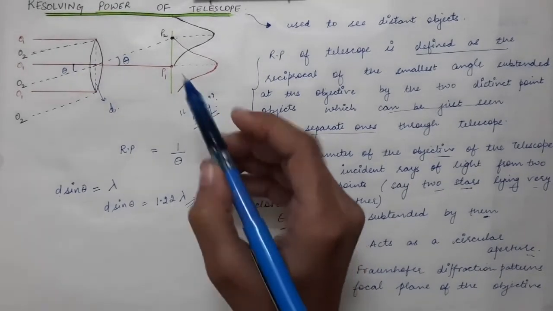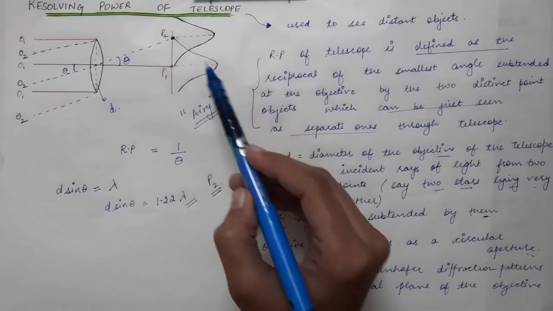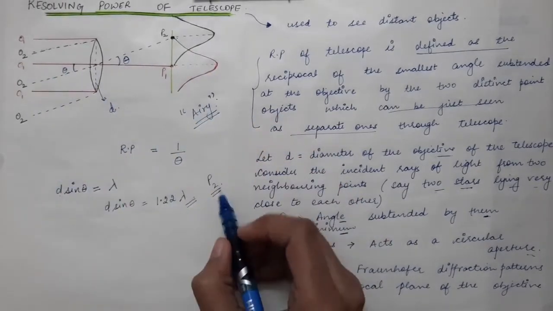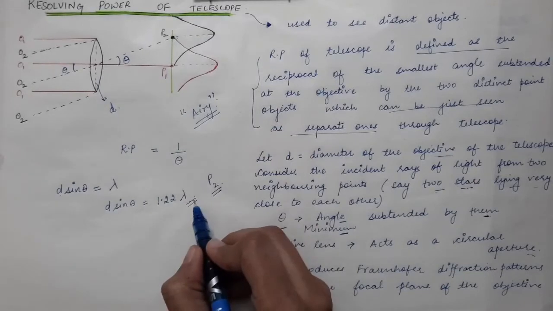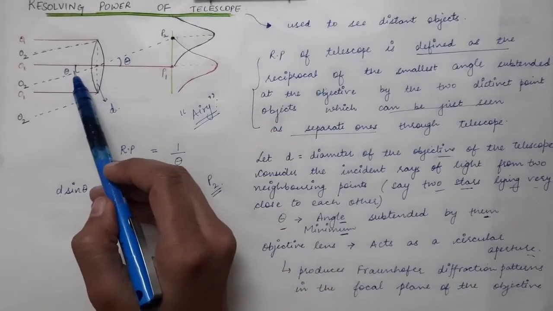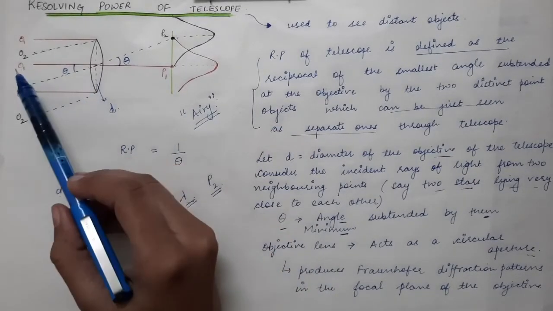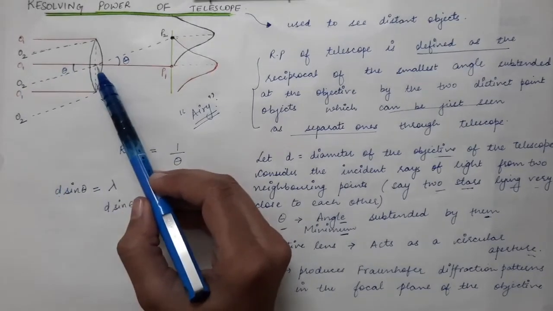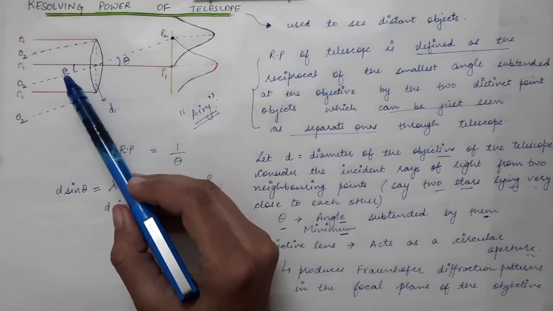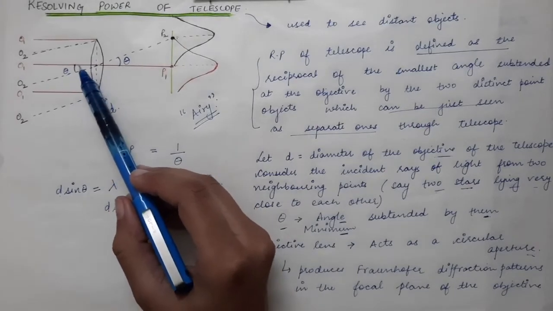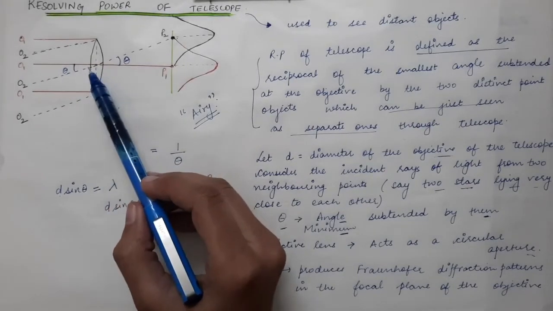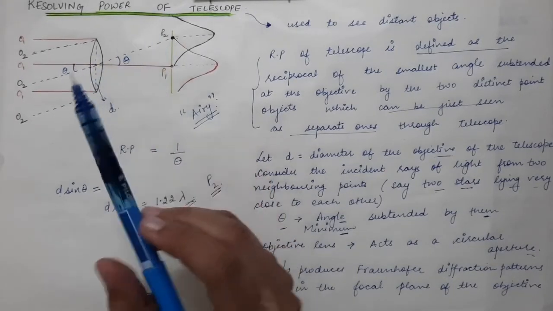So at the P2 point we must have the first minimum caused due to the O1 object. This theta angle, which is subtended by these two objects at the objective lens, is very, very small for all telescopes.